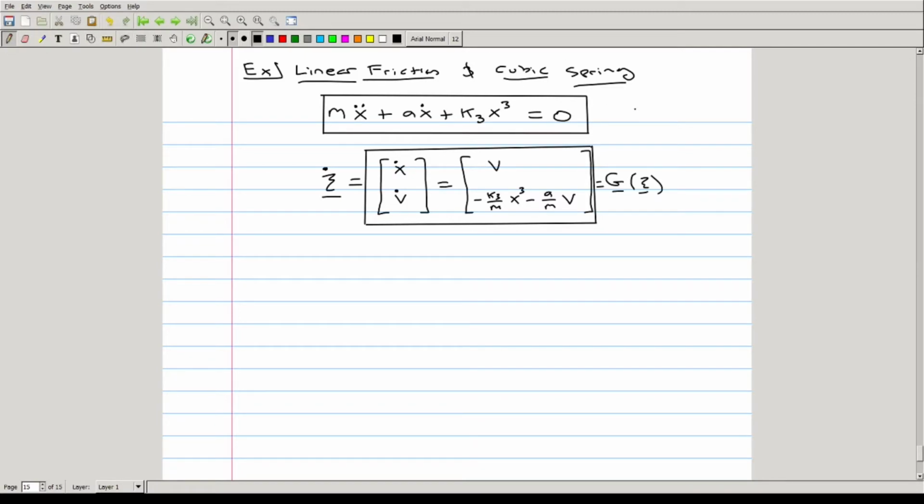So this is a nonlinear second order ODE, which is equivalent to an autonomous system of nonlinear first order ODEs.